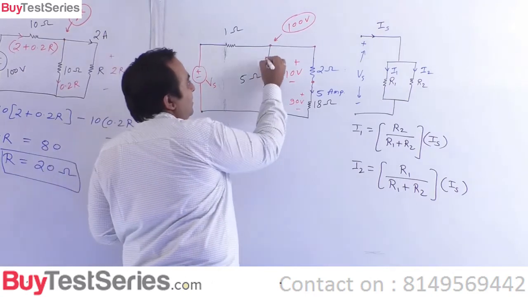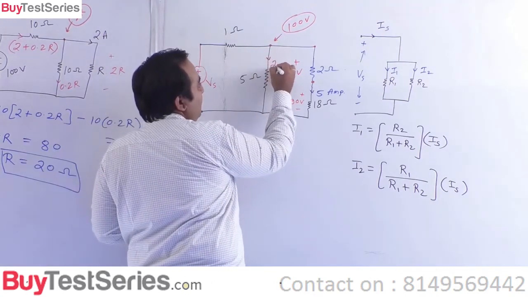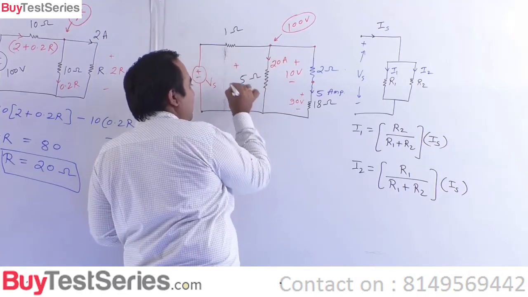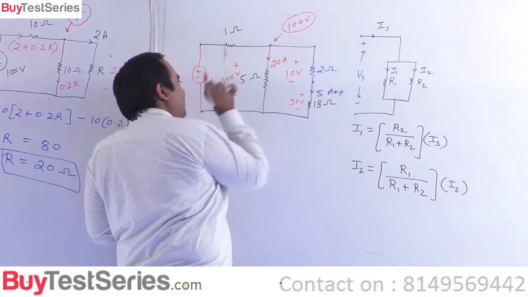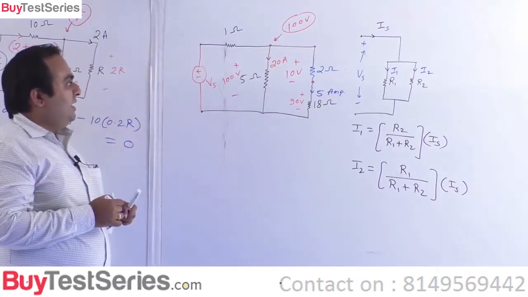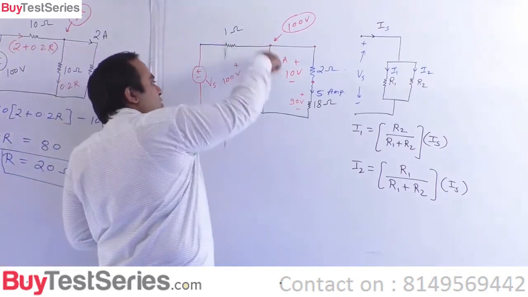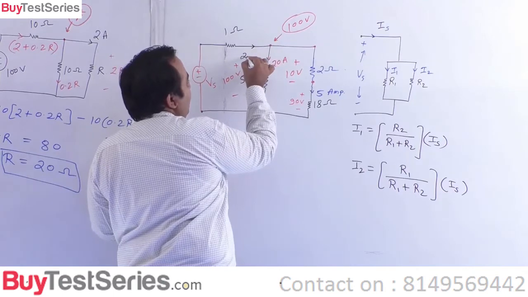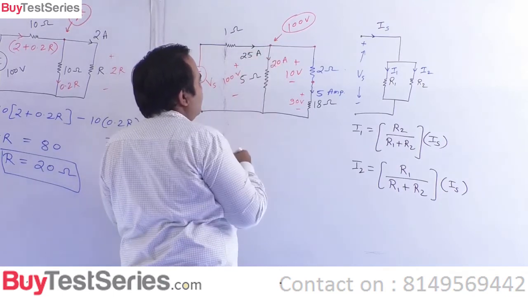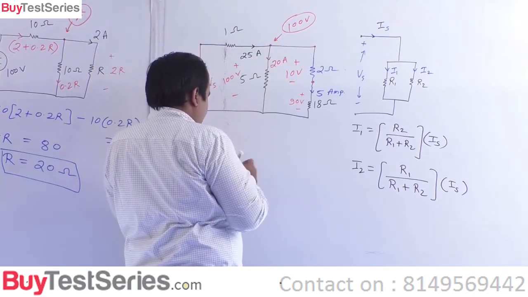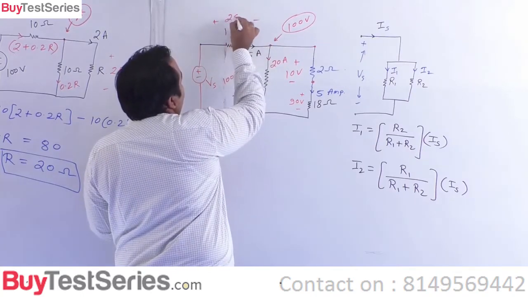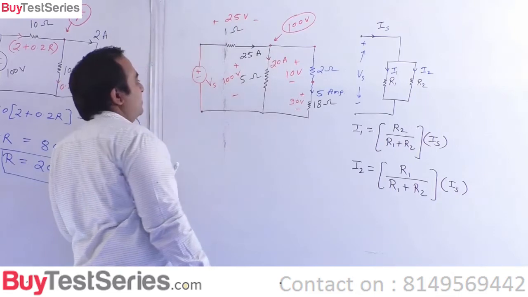This 100 divided by 5 is 20 amperes, because this 100 volt is basically this 100 volts. So this is 20 amperes. You can see this is 20, this is 5. So this must be 25 amperes. If this is 25 amperes, this must be 25 volts.